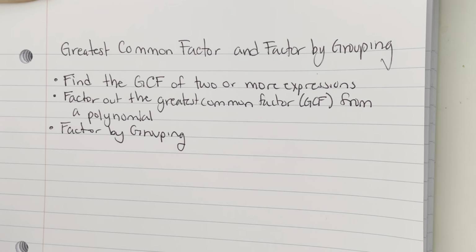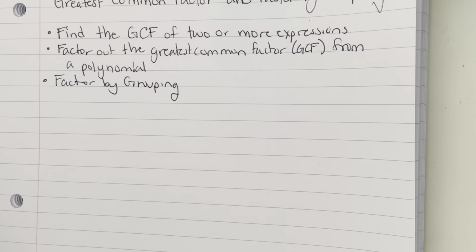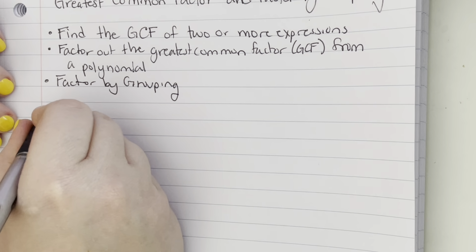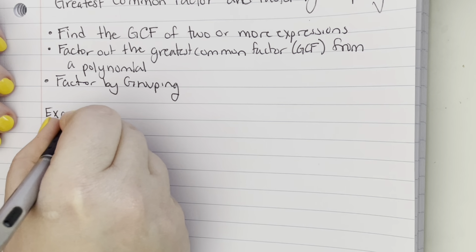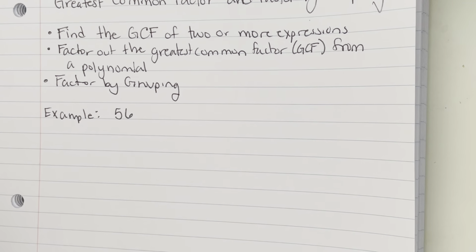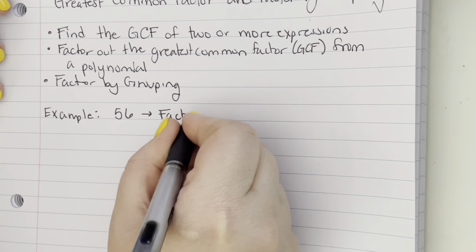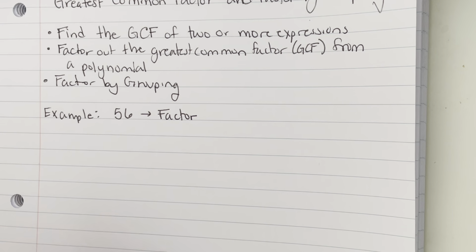Factoring is the process of figuring out what two things were multiplied together. For example, if I give you the numerical expression 56 and I ask you to factor it, I'm asking you what two numbers are multiplied to produce 56. And in the case of a lot of numbers, composite numbers in particular, there's multiple answers that work.